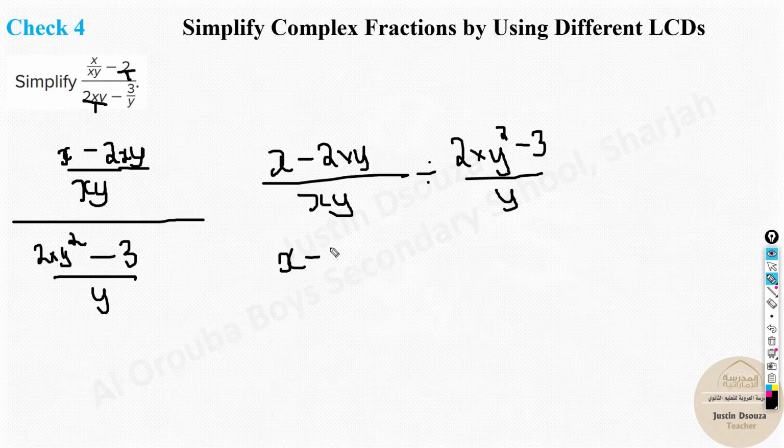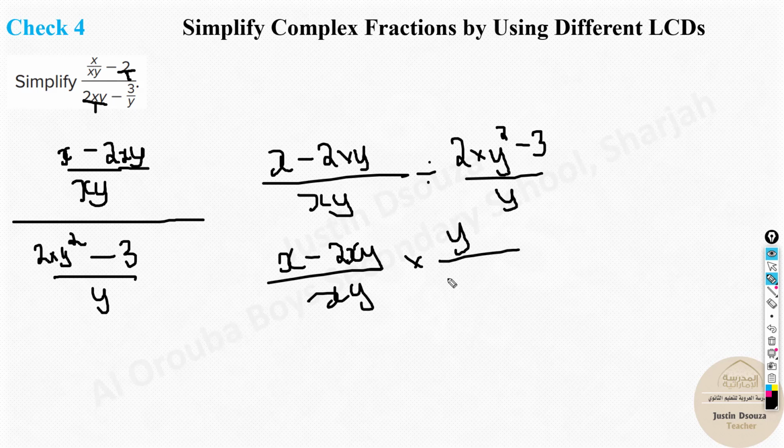When you're dividing this term by this term, change it: it'll be x minus 2xy over xy multiplied by the denominator comes up, and the numerator goes to the denominator, 2xy squared minus 3. Now y and y can be simplified out, and what remains? See, now this x can be taken out, right?